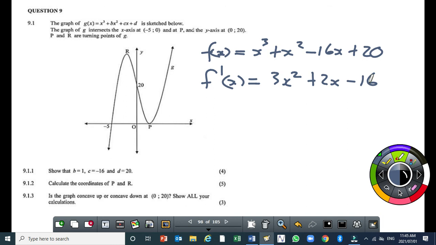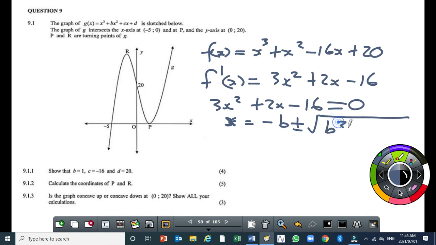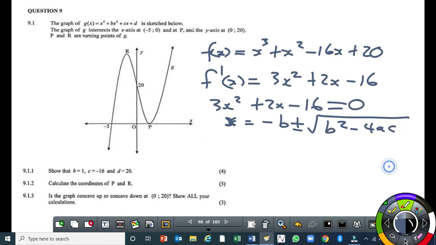That's the first derivative. We use the first derivative to determine the coordinates of the stationary points. Then we equate that derivative to 0. Okay? Don't try to factorize it. Use the quadratic formula. That's the best. So this becomes x equal to minus b plus or minus the square root of b squared minus 4ac all over 2a.